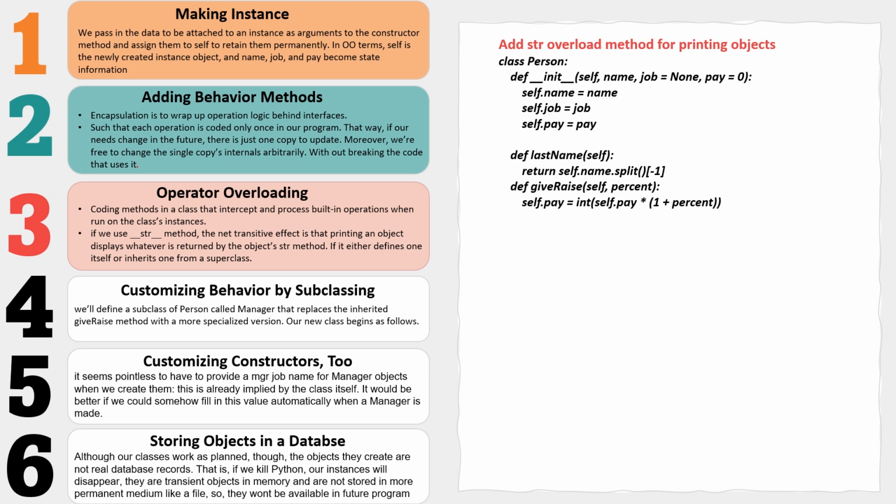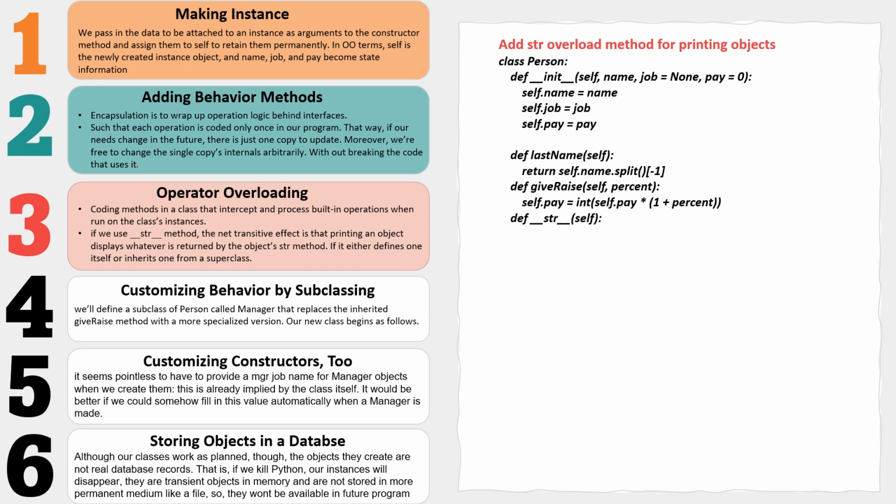We will do it using the double underscore str double underscore method. Now str allows us to tap into specific operations and provide specialized behavior when our objects are used in those contexts. Let us put this into code.